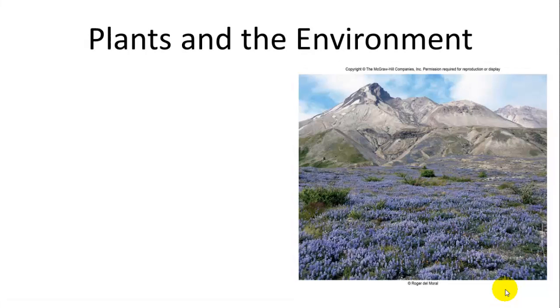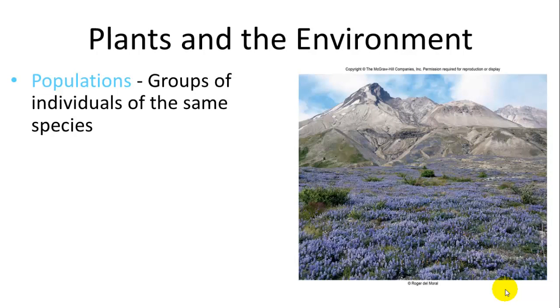All right, so a lot of ecology is looking at populations, which are groups of individuals of the same species. So here we have a population of these blue flowers. I'm not sure what they are, but blue flowers at what looks like a high alpine ecosystem.